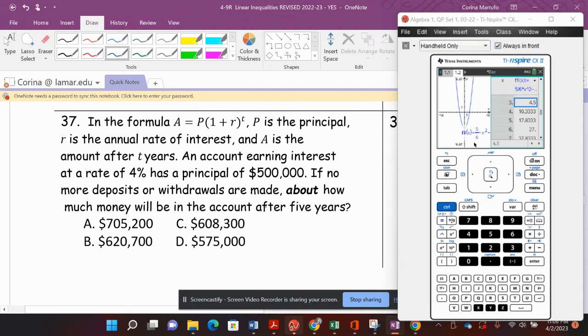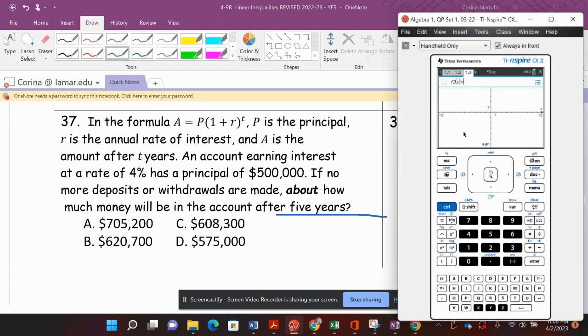All right, one more. It gives us this formula, where P is the principal, R is the annual interest rate, and A is the amount after T years, for an account earning interest of 4%, with a principal of 500,000. If no deposits or withdrawals are made, how much will be in the account after 5 years? So I'm going to put this in another graph page. P is the principal.